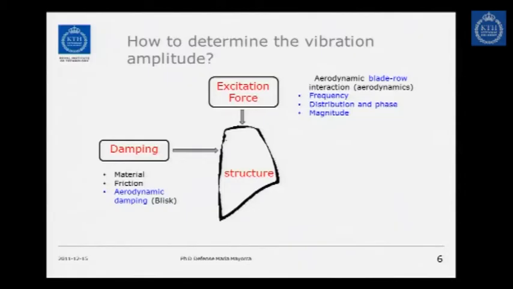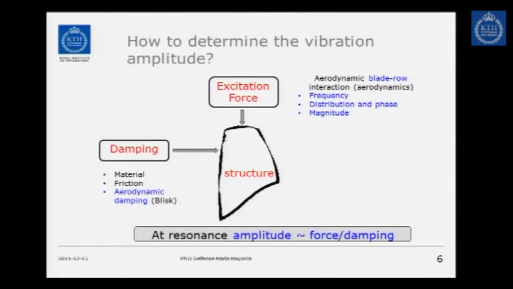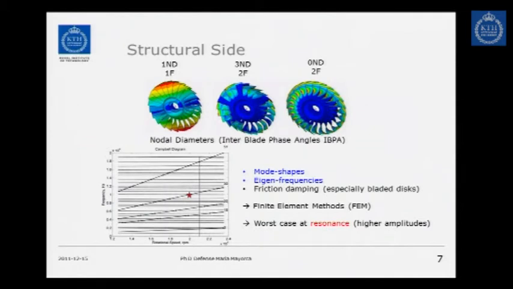And this is especially important in blisks because we have very low friction damping there. Or we can say we don't have friction damping, or we have only material damping and aerodynamic damping. But at the end, we can simplify this and say at resonance, or at the critical position, the amplitude is proportional to the force divided by the damping.